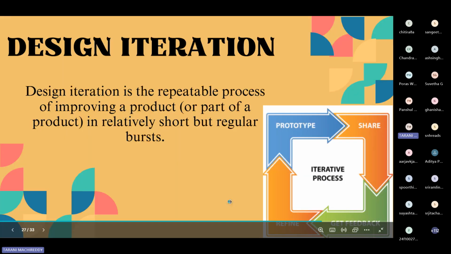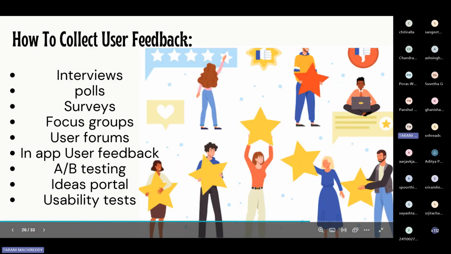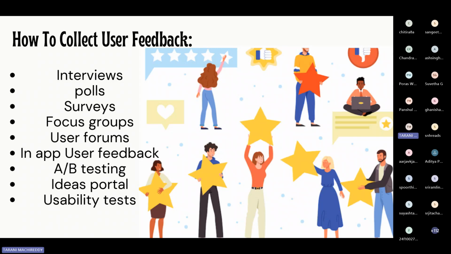Can anyone give me an example for A/B testing? Okay, I'll take one. Suppose you want to sell a pen and you want to test it by the A/B testing method.